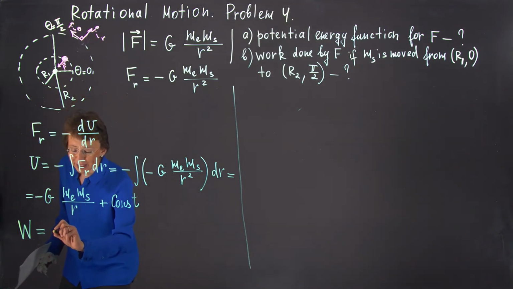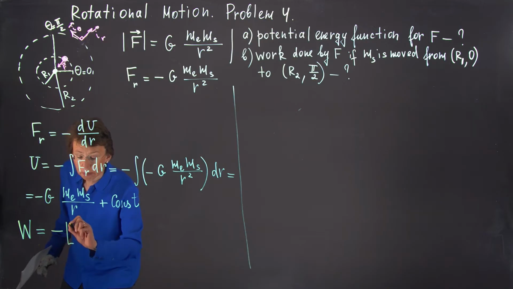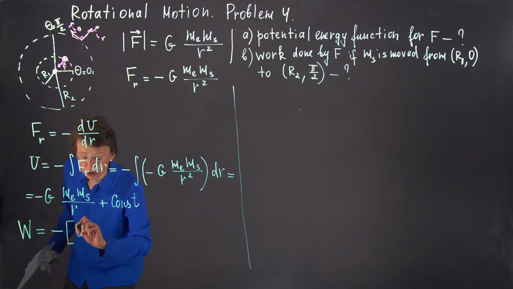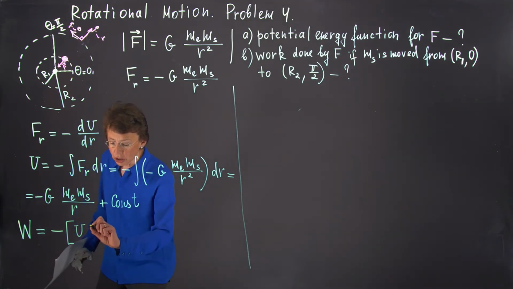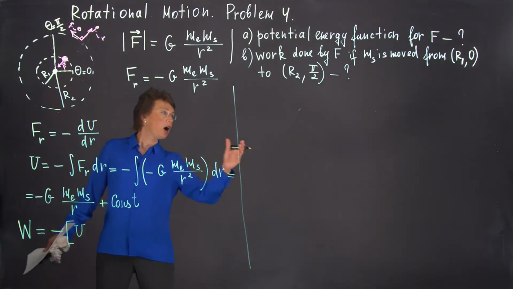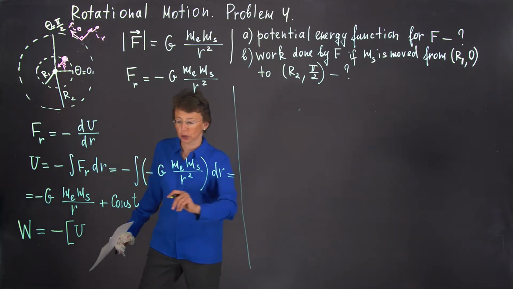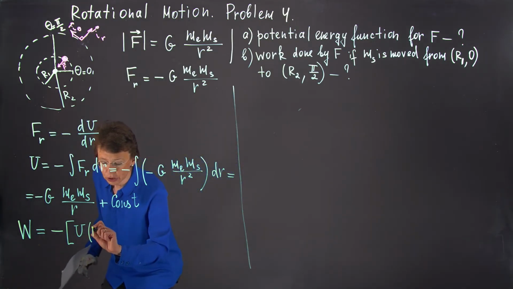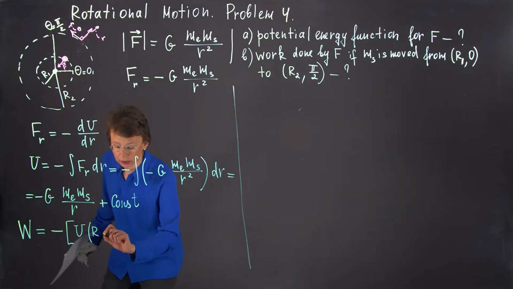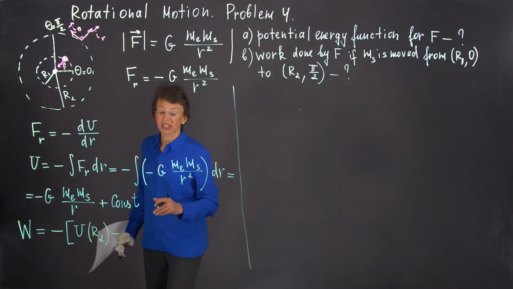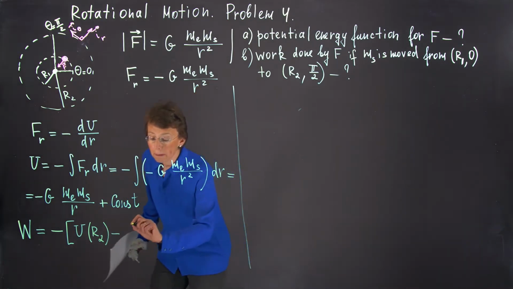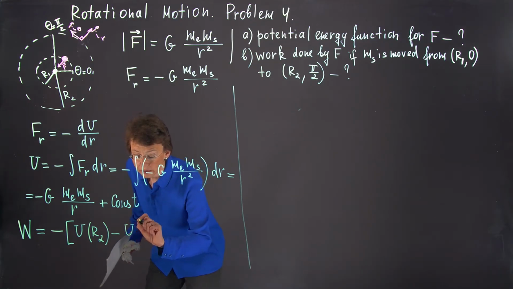Work done by conservative force is minus change in potential energy function. U at the final point, U at our point R2, and there is no dependence on angle, so I will skip this angle. It's irrelevant. U at R2 minus U at R1.